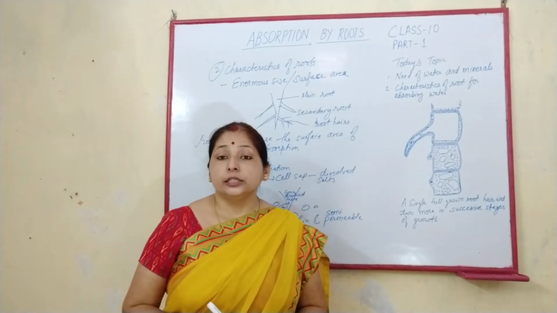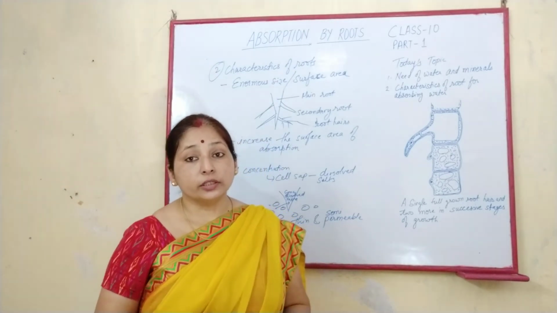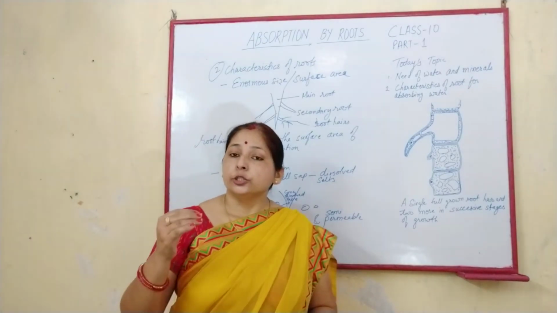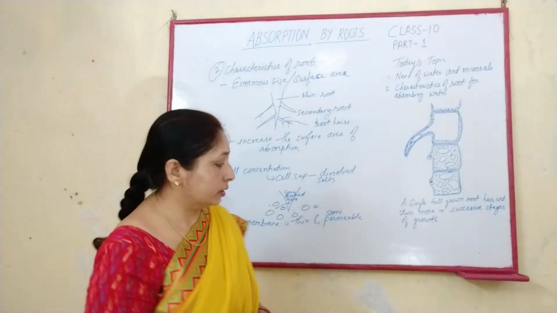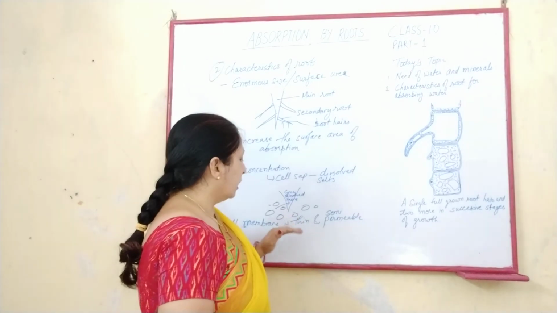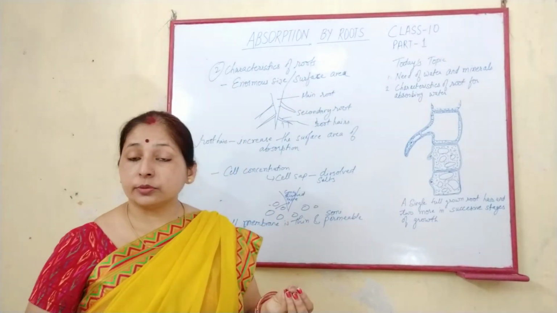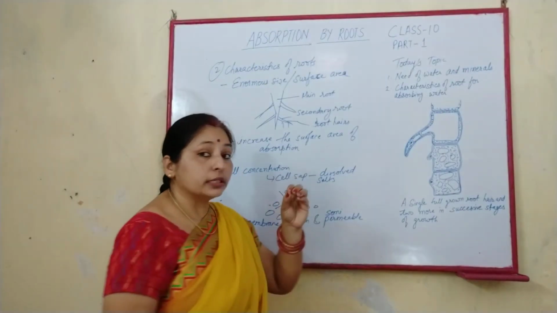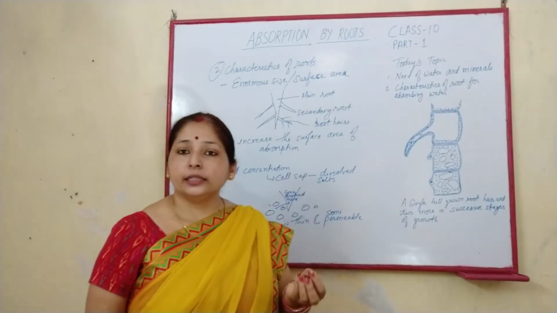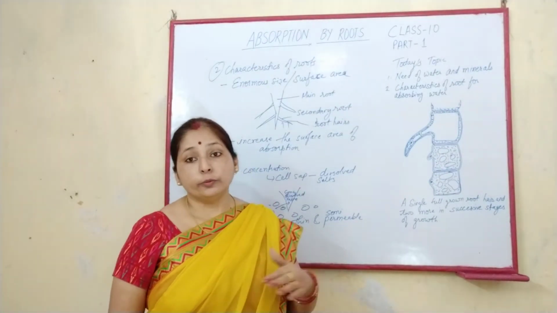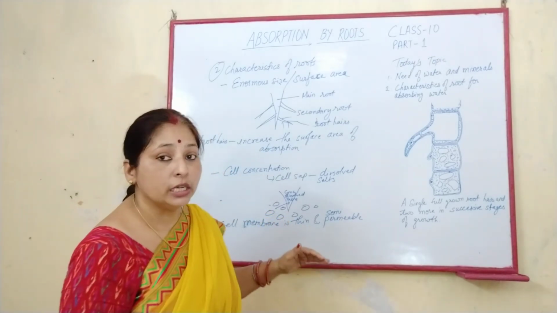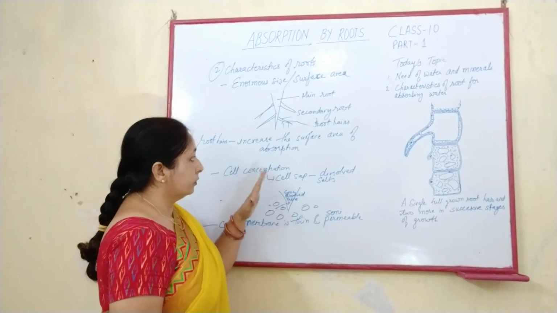Semi-permeability means that the root hairs allow only water and certain minute dissolved substances to enter into the cell. Allowing only water and certain substances to enter is the semi-permeability. The surface is also very thin, so it allows easy movement of water from the surrounding to the root hairs.